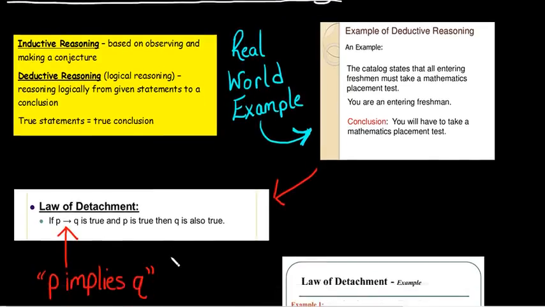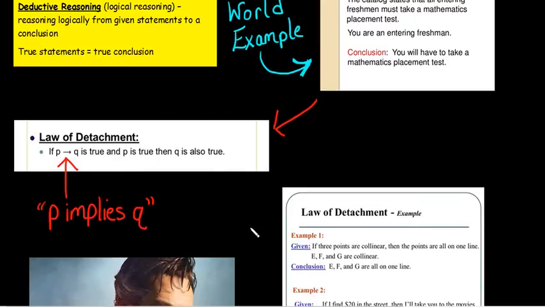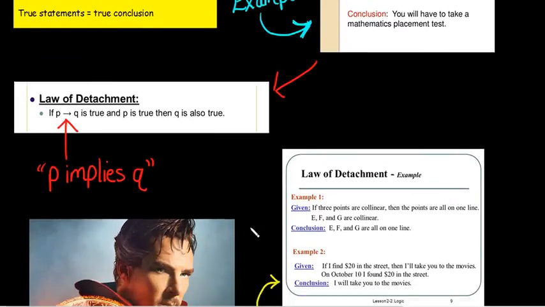Let me scroll down. And the way you'll see it is if P, then Q is true. If that is true, then P is true, and then Q is also true. P implies Q.